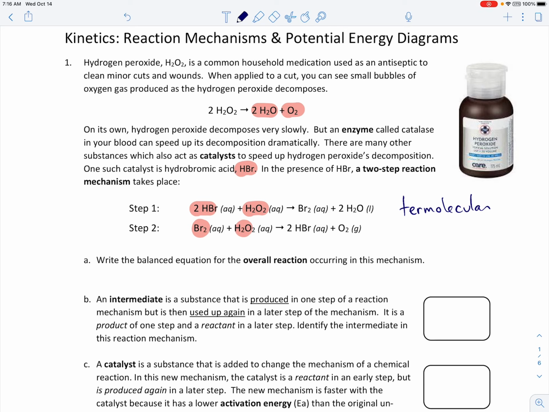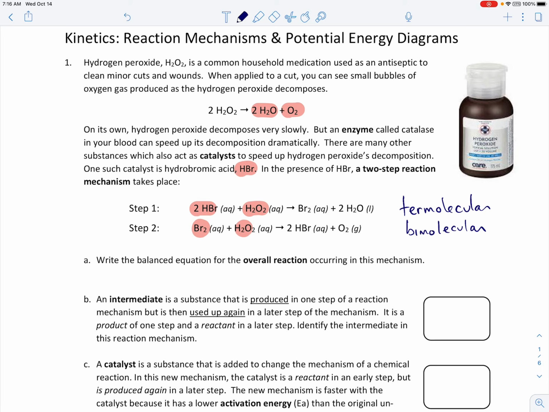In the second step, there are two particles colliding, so that second step is referred to as a bimolecular step. If there was only one particle and it was, say, decomposing in a step, we would say that that's a unimolecular step. So unimolecular, one particle decomposes, bimolecular, two particles collide, termolecular, three particles collide.